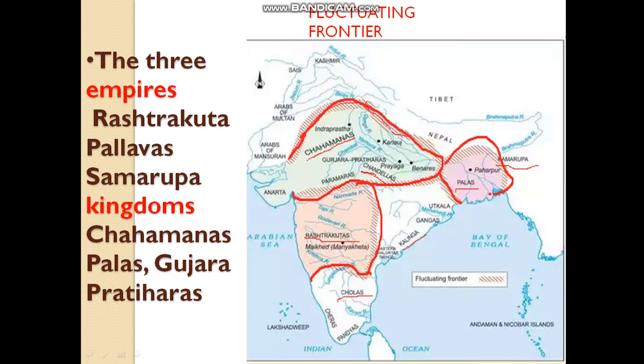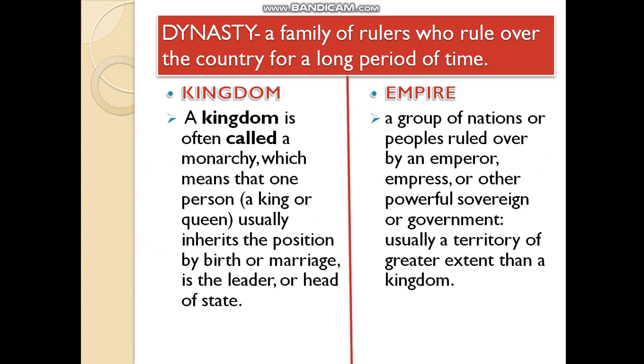In fact, they fought against one another for power, influence, political awareness, politically they wanted to get into the kingdoms. Now the three empires were Rashtrakuta, Pallavas, Samarpura, and the kingdoms were Chahamanas, Palas, Gujara Pratiharas. This was after the death of Harshvardhana.